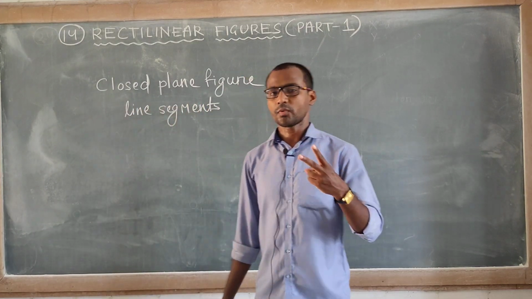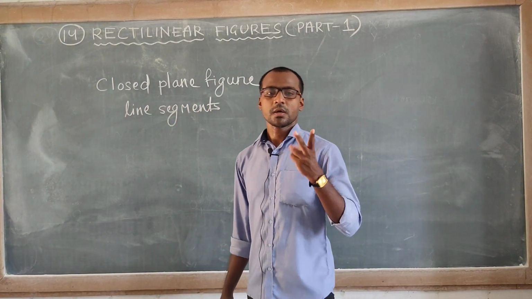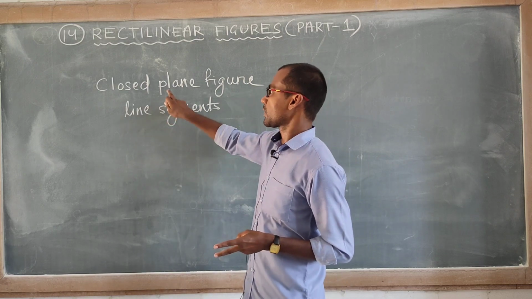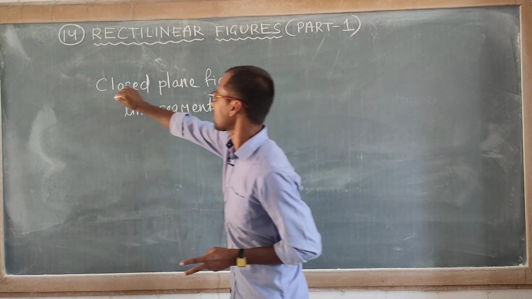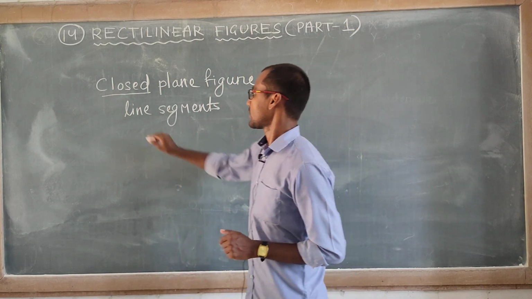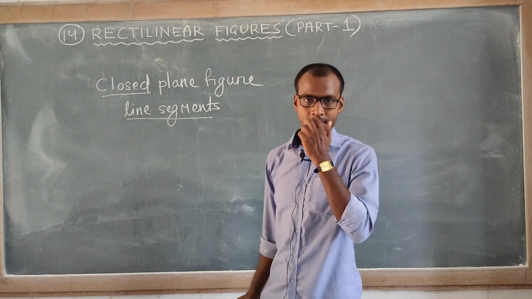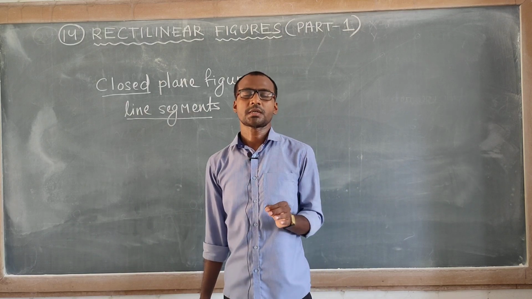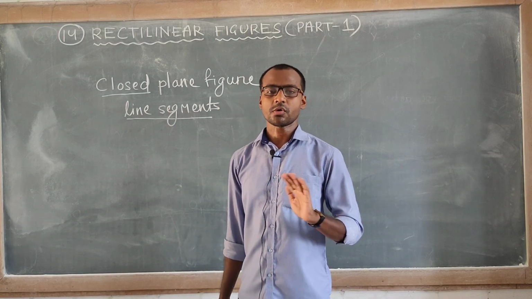These 2 points are very important for a polygon. First condition is it should be closed. The plane figure must be closed. The second condition is it should be bounded by line segments. If it doesn't satisfy any of the 2 conditions, then it is not a polygon.